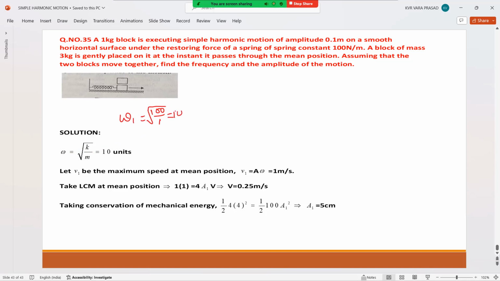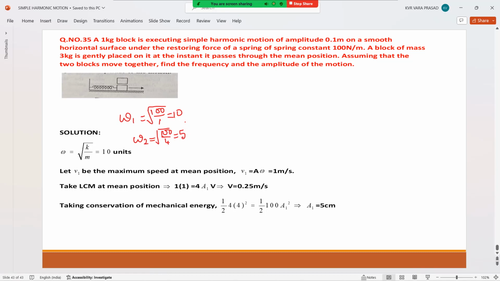That is 10, right? Omega 2 value. When this 3 kg mass placed on that, now total mass becomes 4. K value remains same, 100. Mass is 4. So it becomes now 5, right? So here 10 units, now it becomes 5 units. That means the time period is changed.